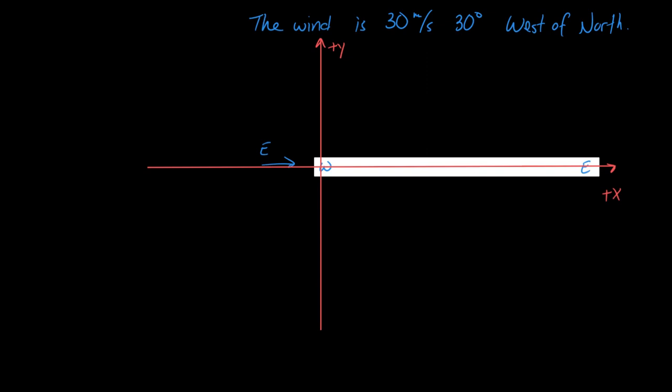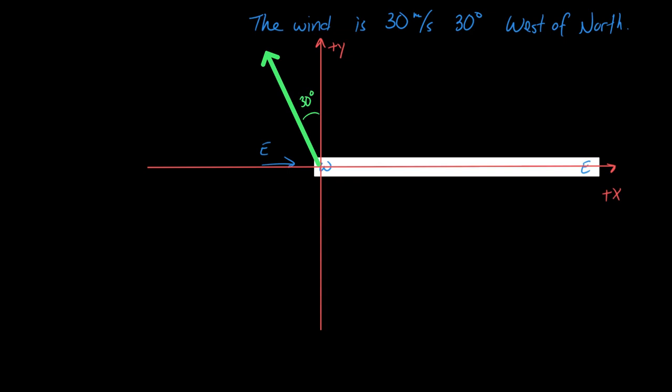I'm lining it up with the runway. Step 2, convert my vectors. So the wind, something like that, 30 degrees west of north.